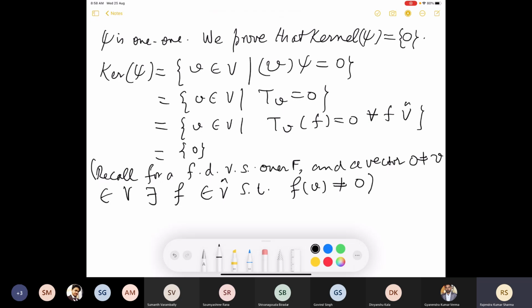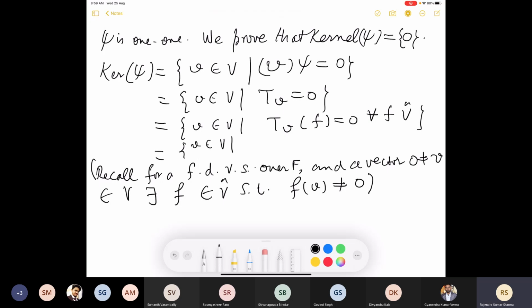Now, this has to be 0, since if V is not 0, then there would exist an f in V hat such that f of V is not 0.